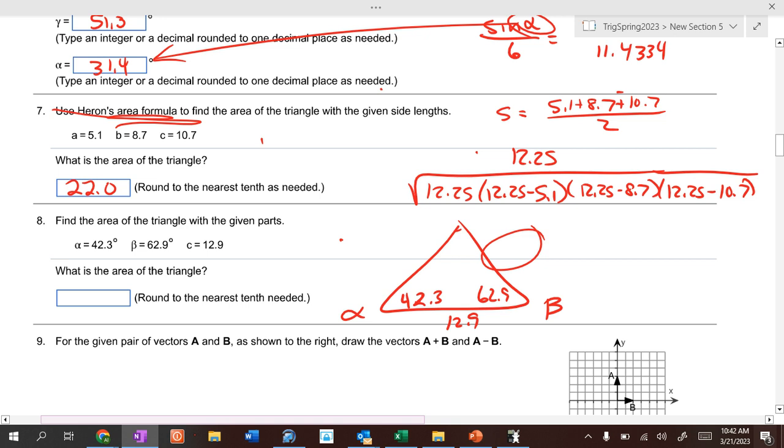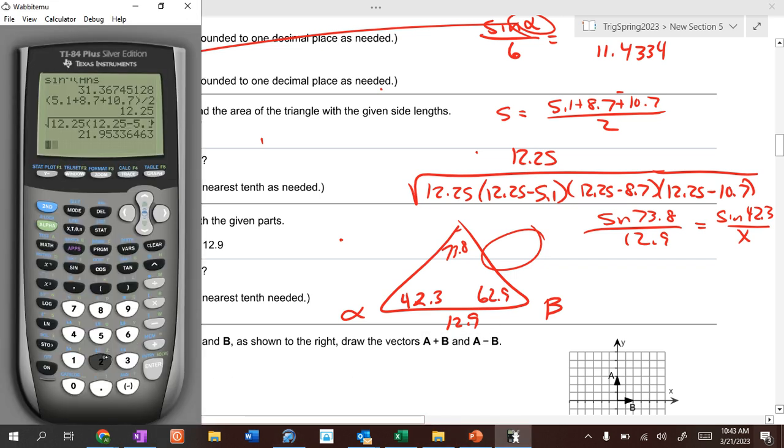So that angle, this is 106.2. 180 minus 106.2 is 73.8. So the sine of 73.8 over 12.9 equals the sine of 42.3 over x.